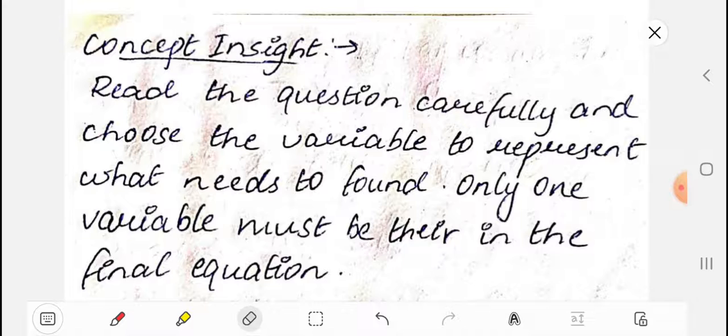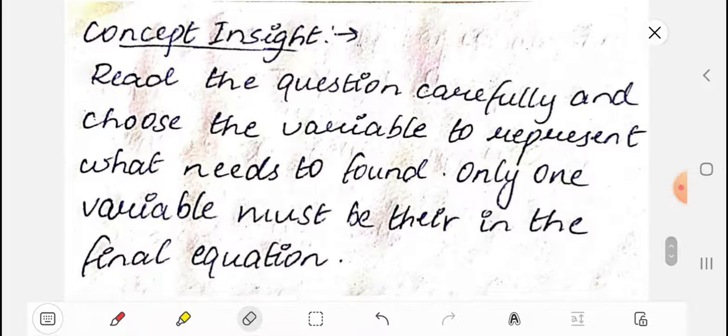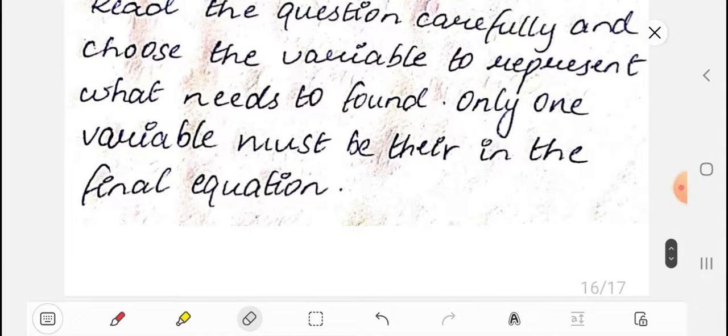Only one variable must be there in the final equation. Like when two consecutive integers are given, you can't take them as x and y. You can, but it will be two variables. But at the end we have to find only one variable, so the choice of variable matters a lot.